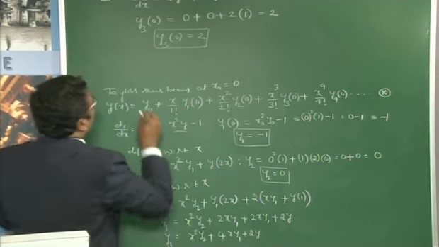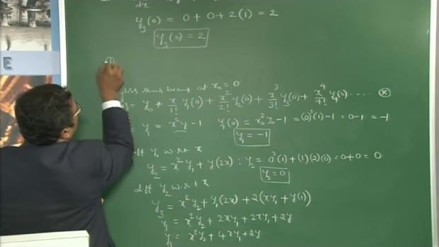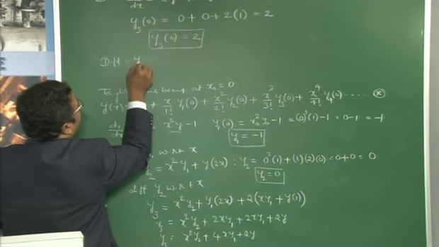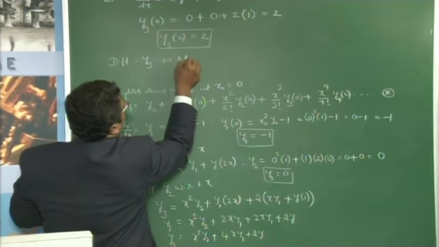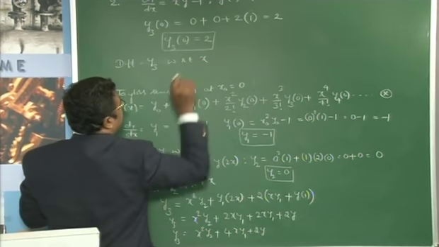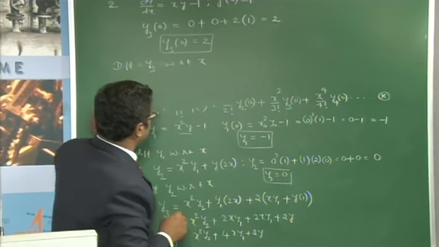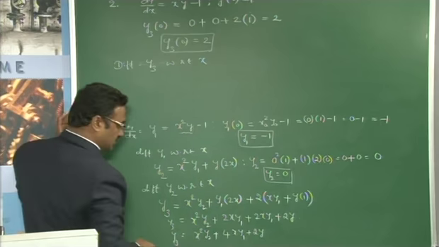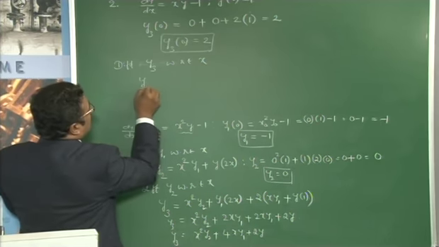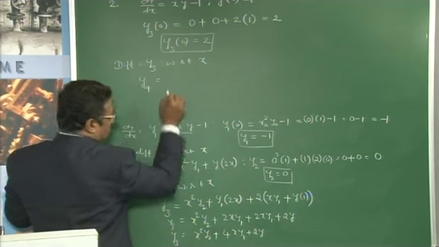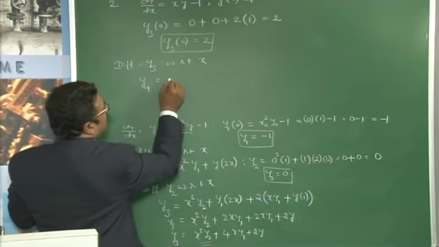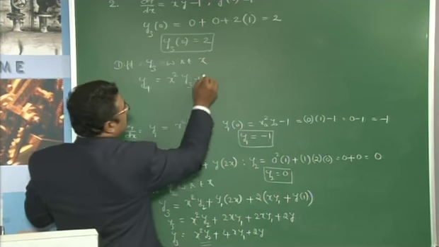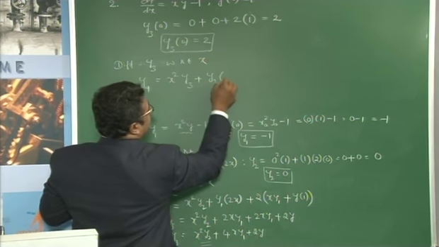Then again I'm going to find the fourth derivative. Differentiate y3 with respect to x. This becomes y4. Again I have to apply the product rule: first into second plus second into first.